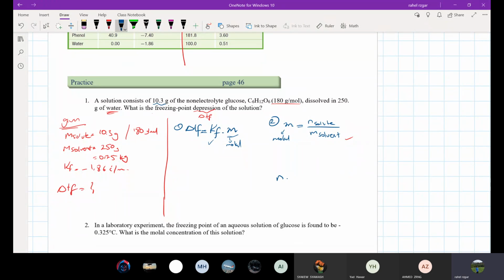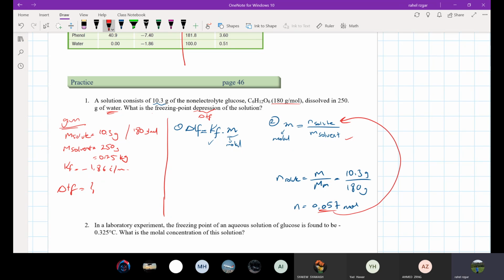Now, moles of solute is equal to its mass over its molar mass. What is the mass? 10.3 grams. What is the molar mass? 180 grams. And moles is equal to 0.057 moles. Now that we have found moles, nothing has changed from chapter 1.